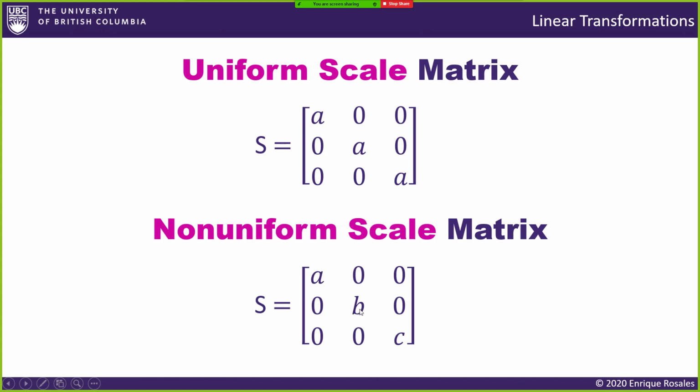If b is equal to 1, they will not scale on the y basis vector. But if here we have 5, only on the z basis vector, it will scale everything by 5 times. Okay? Any question from the scale matrices so far?